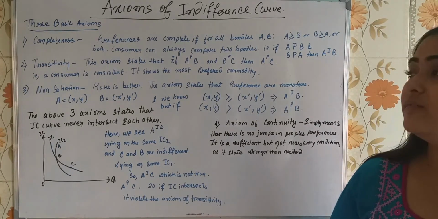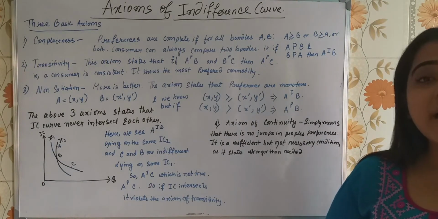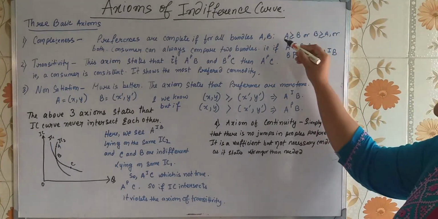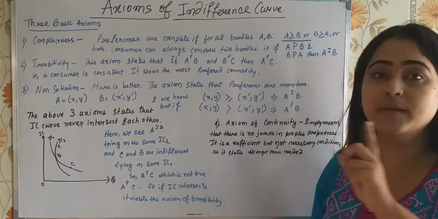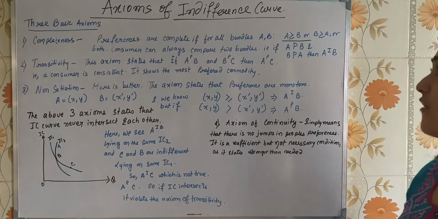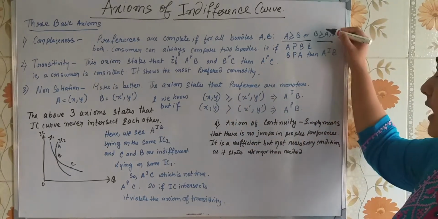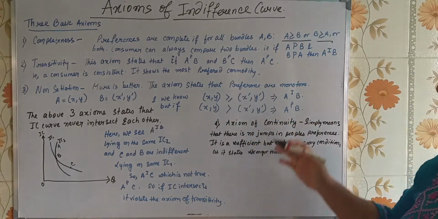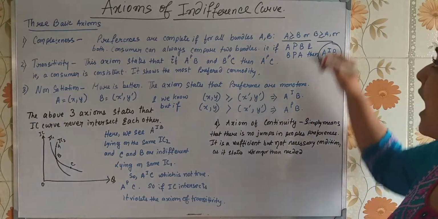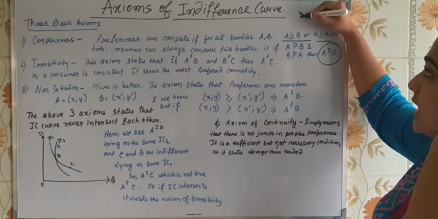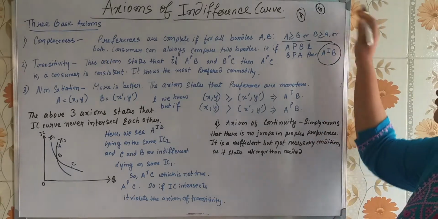The first one is the axiom of completeness. Now what does that imply? Suppose one bundle is A and another bundle is B. If A is preferred to B and B is preferred to A, then we can say that A is indifferent to B. That means, suppose A is a bundle of commodities and B is another bundle, and you are choosing between two different bundles.